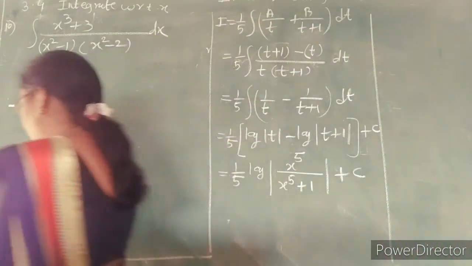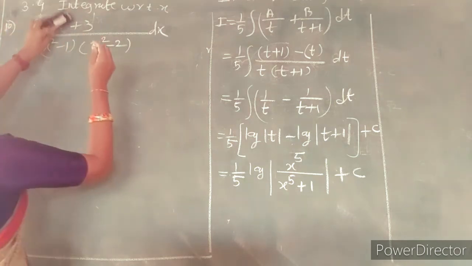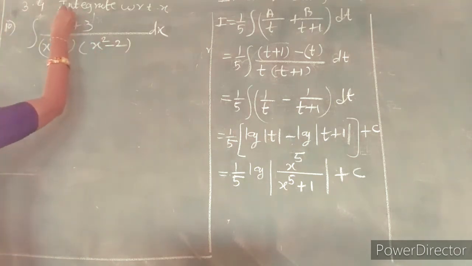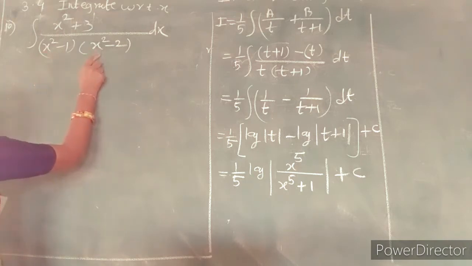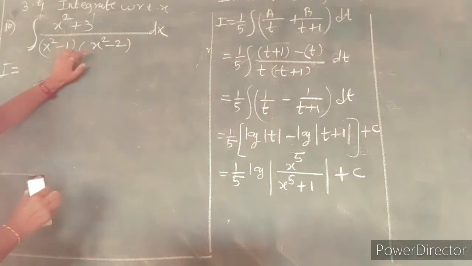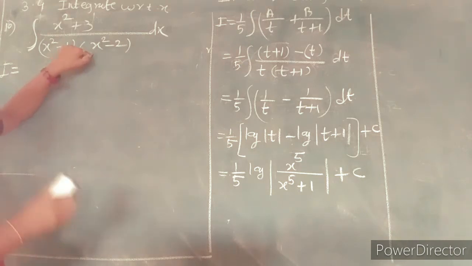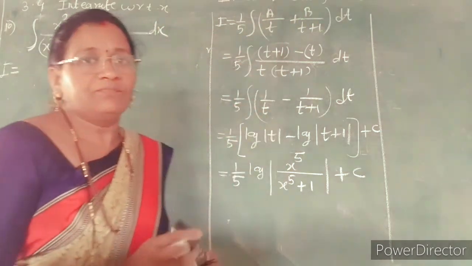Here the denominator contains first the term x square minus 1 and second x square minus 2, and the numerator is x square plus 3. All these terms contain x square as a common factor, so we take x square equal to t only for finding the partial fractions A and B.